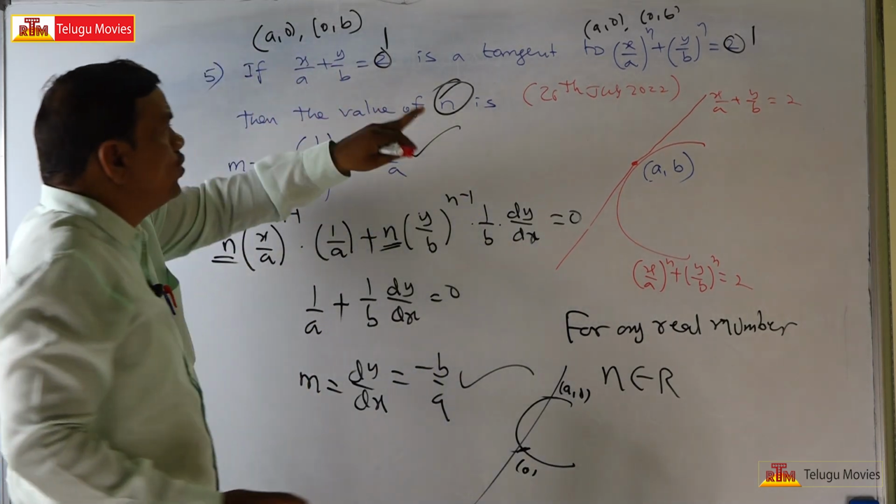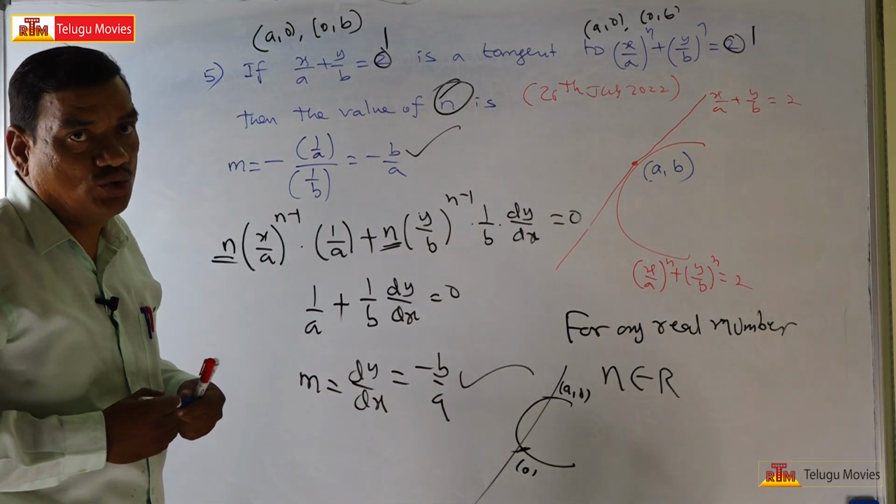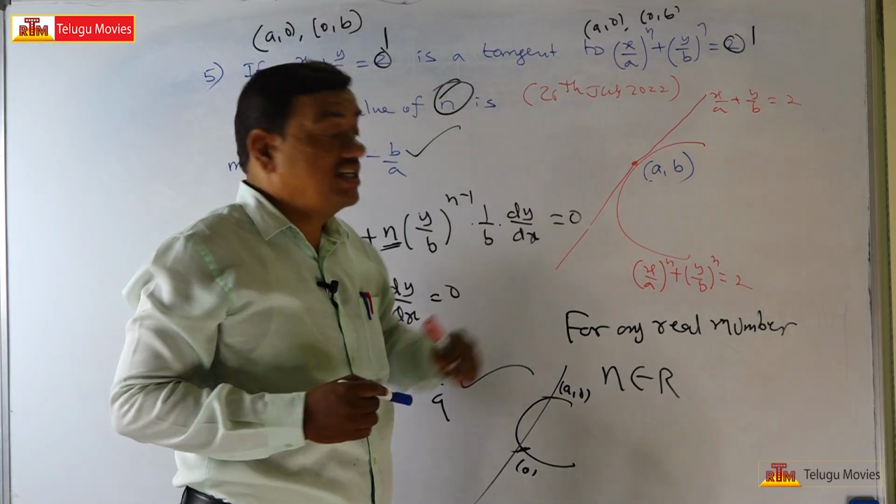That means the tangent line and the curve intersect at 2 points.